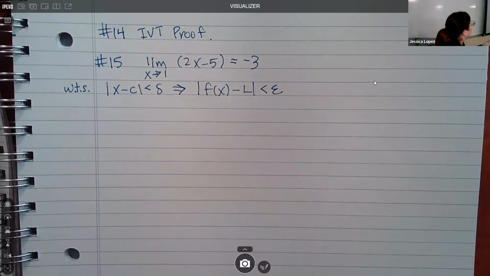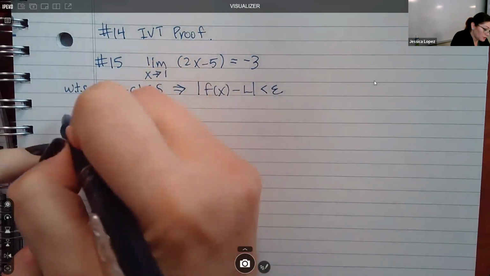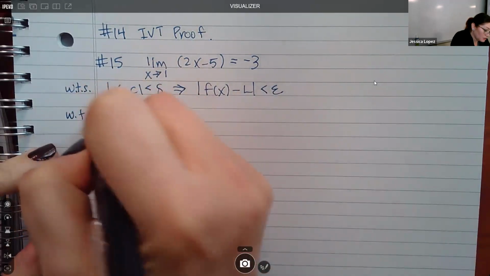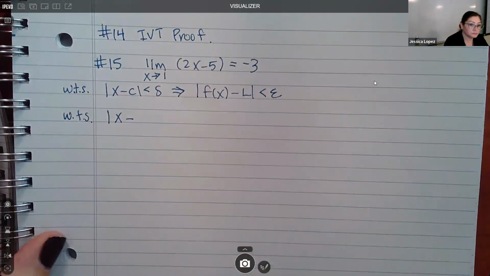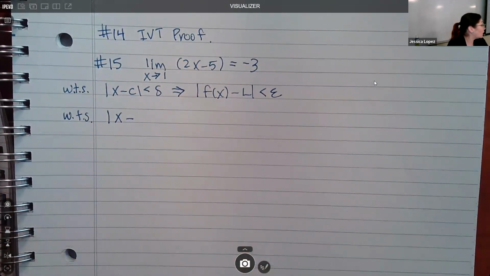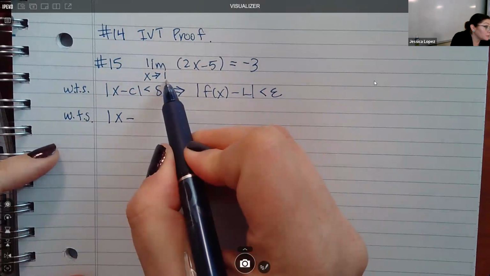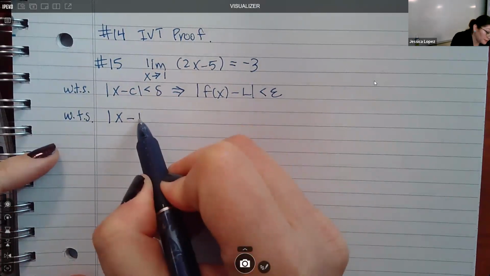So I want to make my want-to-show statement more specific to all the numbers and the functions that I have. So in mine, what is c? It's 1, right? It's the number I'm approaching. So that's the c.